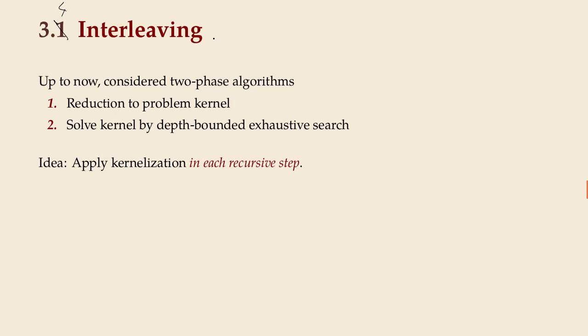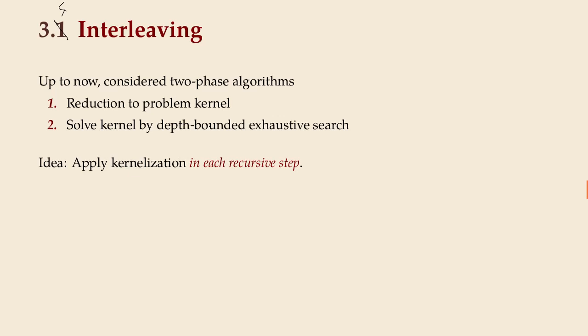The idea is that up to now we've considered algorithms that reduce a problem to a kernel. Well, in the last instance, it wasn't even a kernelization in the formal sense, but it did some preprocessing, and then it solved the kernel by exhaustive search. We followed the very same approach for the vertex cover algorithm, or at least it's a natural thing to do it like this.